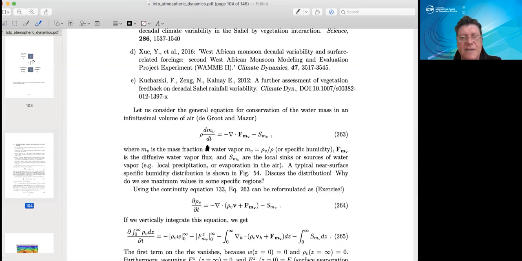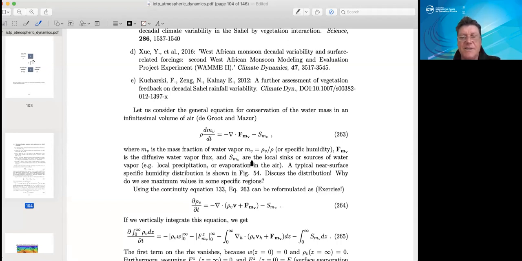However, we have already seen that it interacts strongly with the thermodynamic equation, because latent heat release is due to a change of the water vapor due to phase transition. This quantity, MV, is also called specific humidity, sometimes abbreviated with Q in climate and meteorology, but we call it MV here.